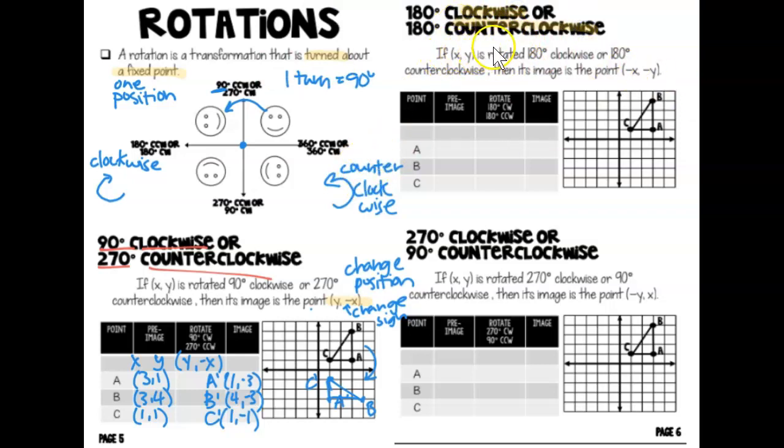Now, if (x, y) is rotated 180 degrees clockwise or 180 degrees counterclockwise, then its image is the point (negative x, negative y). So what's happening here? We're not changing the position, we are only changing the sign. We're going to change the sign of both.